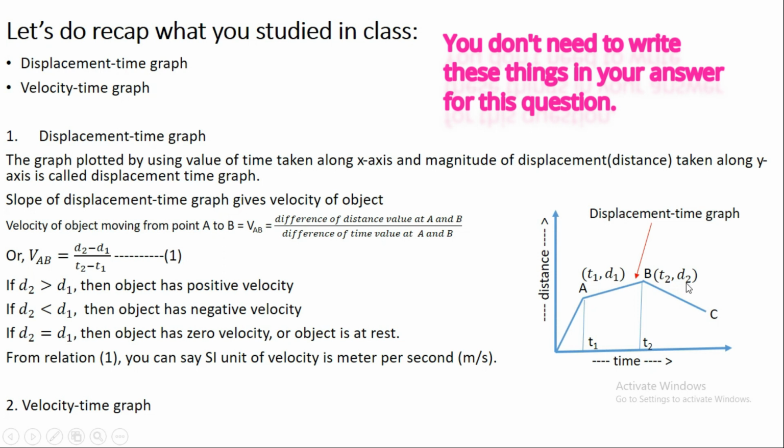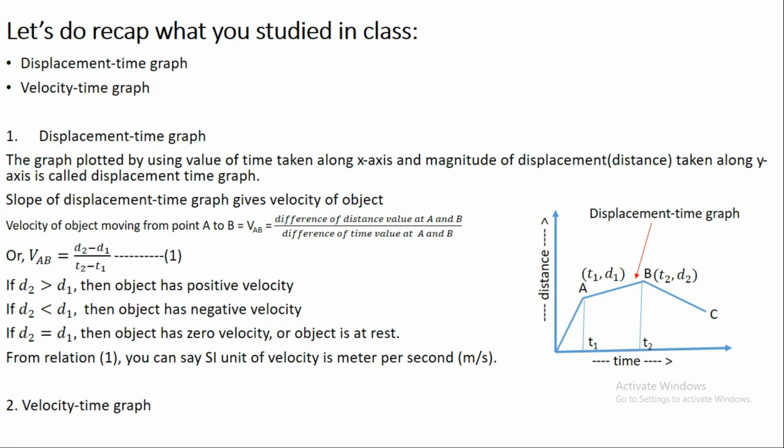Since this is the time axis, the point on the time axis corresponding to A is t1, and the point corresponding to B on the time axis is t2. So the coordinates of A and B become like this.